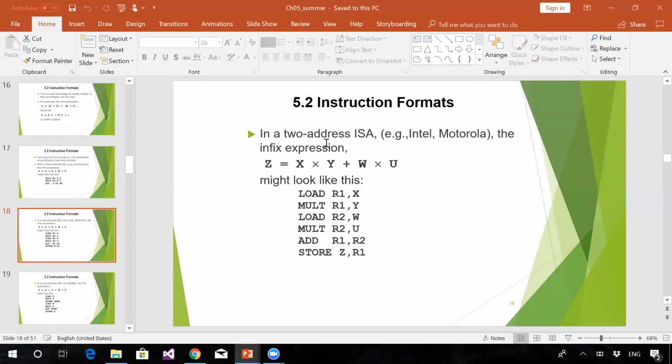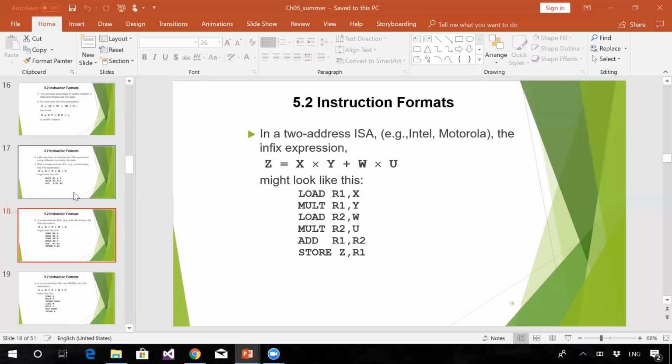There can also be two address architecture, where it would load x to R1, load y to R2, multiply, and so on. This kind of architecture is called two address instruction set architecture.